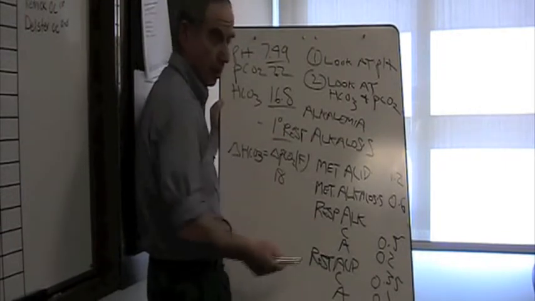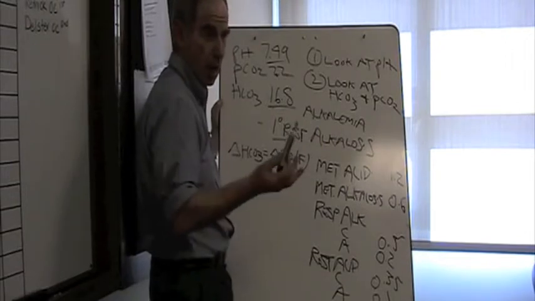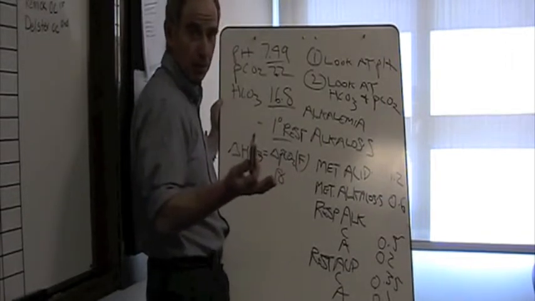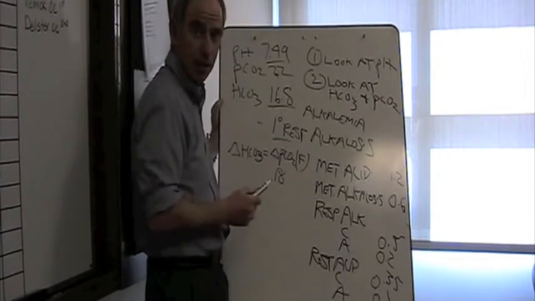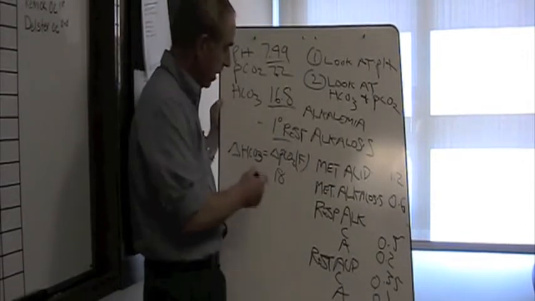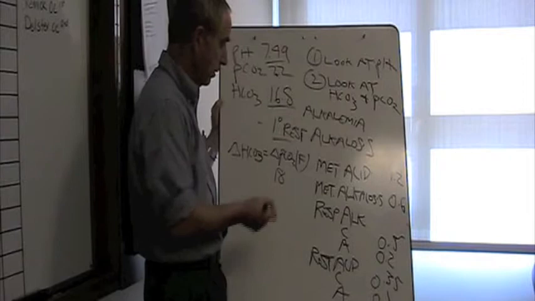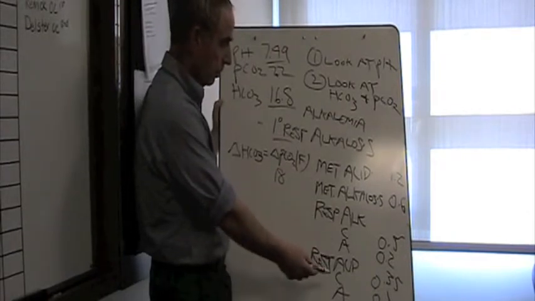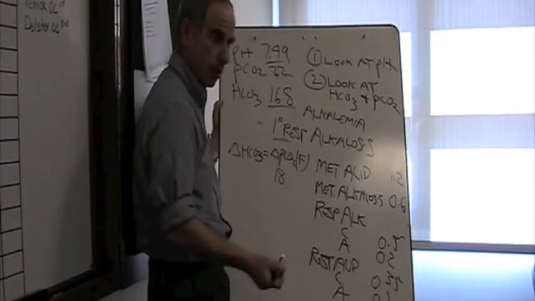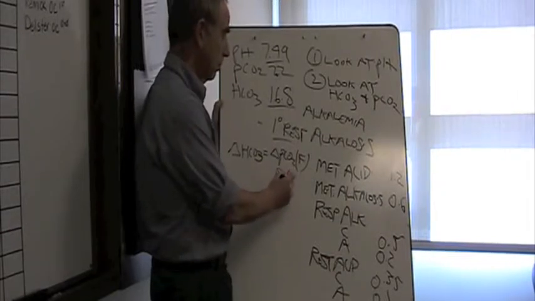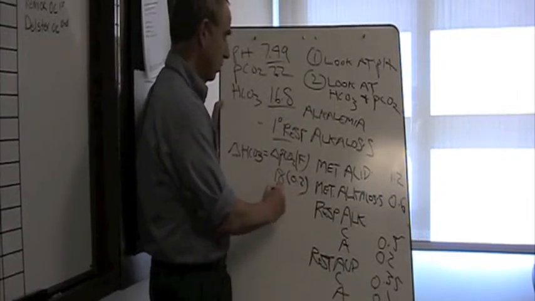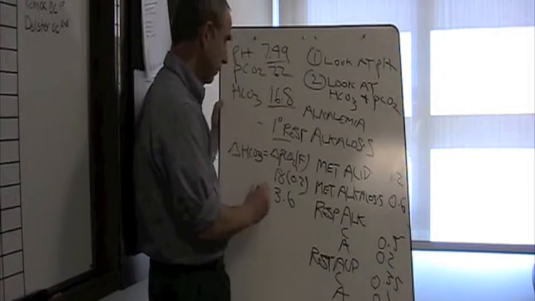So we look down here, and is this chronic or acute? I don't know who this patient is. Soji, is this acute or chronic? Acute. Okay, so this patient has an acute process. So we look at acute respiratory alkalosis, and what's the factor? 0.2. So what is that, 3.6?